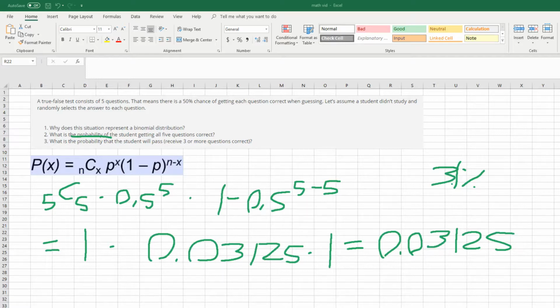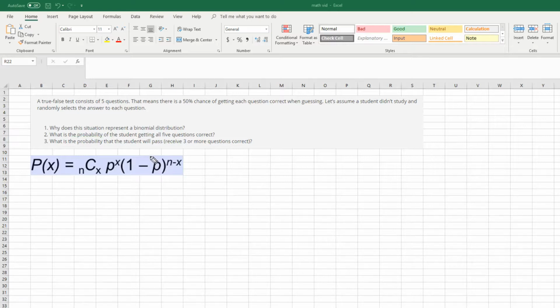Moving on to the next question, which is more complex: what is the probability that a student will receive 3 or more questions correctly? So that includes number 5 and the probability for 4, not just 3. So let's tackle 3 first because that's what the question first outlines.